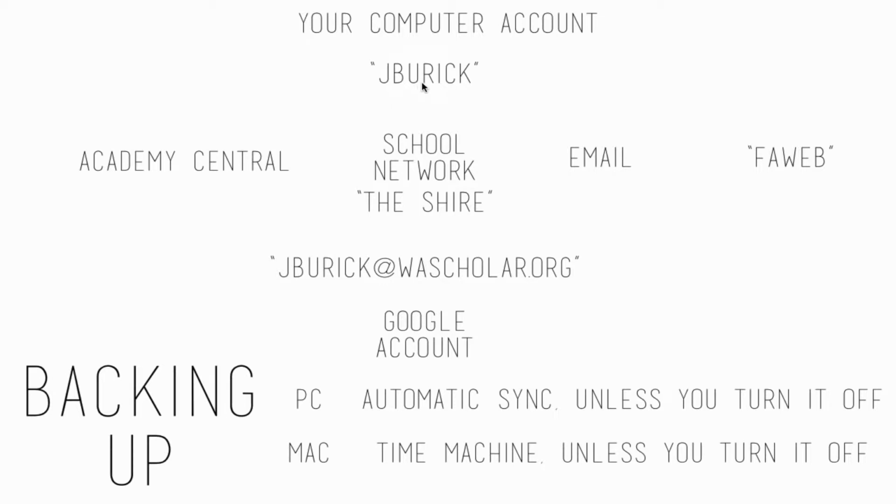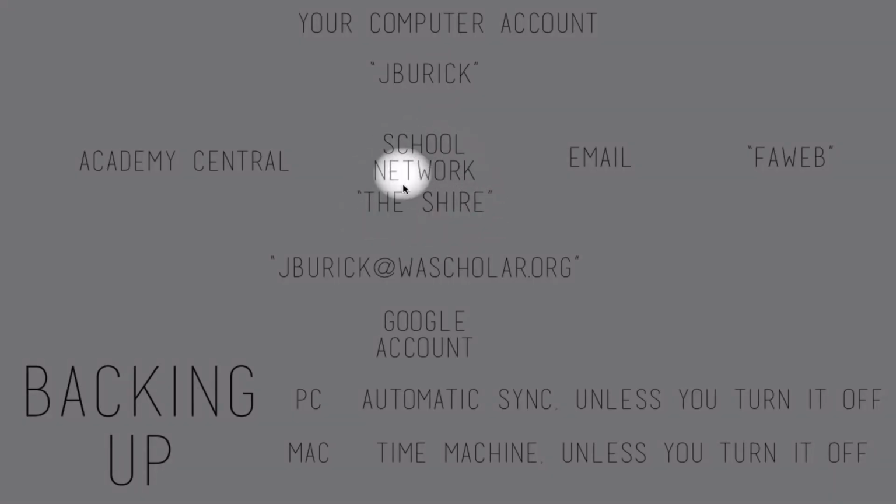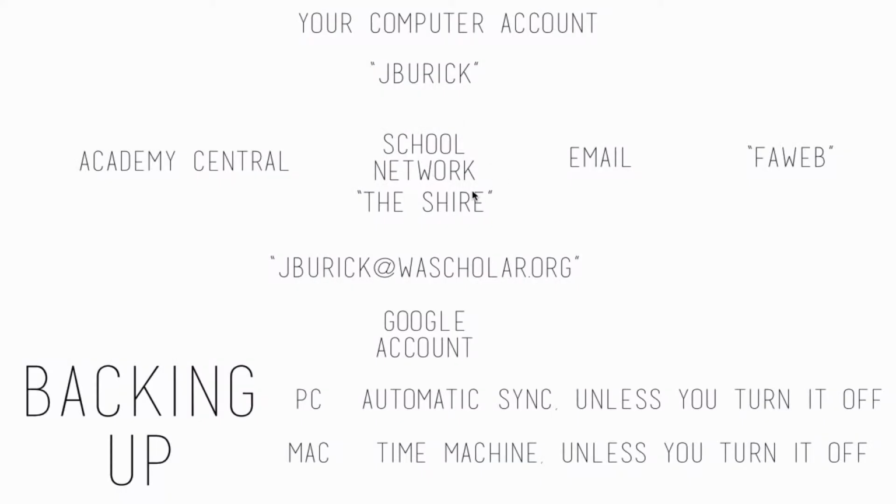And this allows me to access a number of different resources that I've highlighted in the previous video. This allows you to access Academy Central. It allows you to access our school network, which, by the way, is named the Shire. And then it allows you to access your email account, not your Google email, but your Wheaton Academy email.